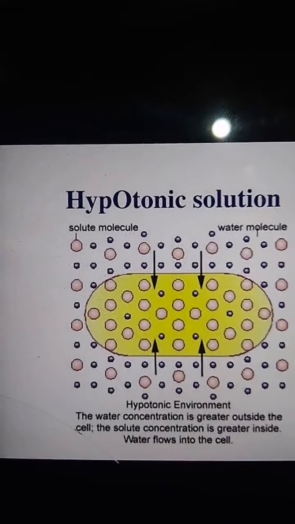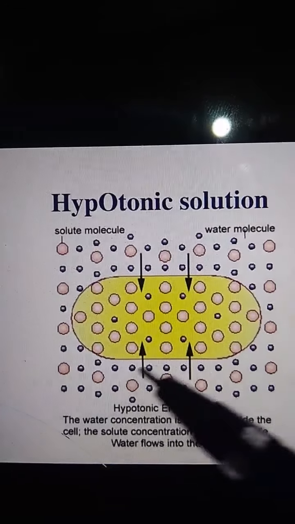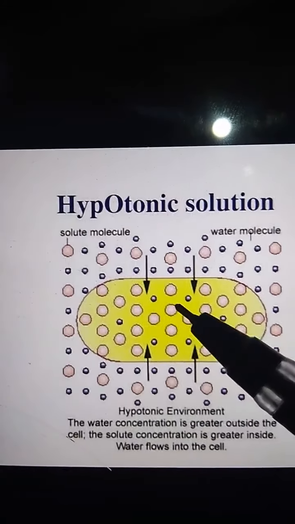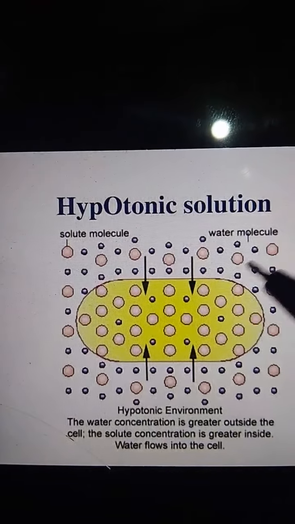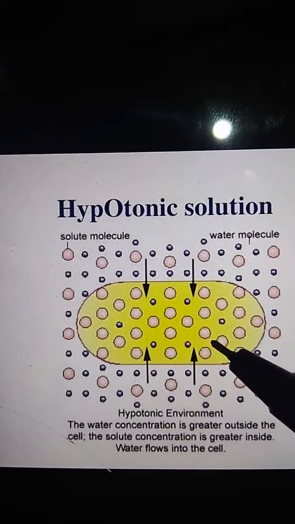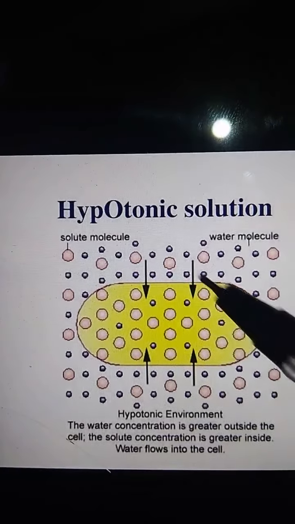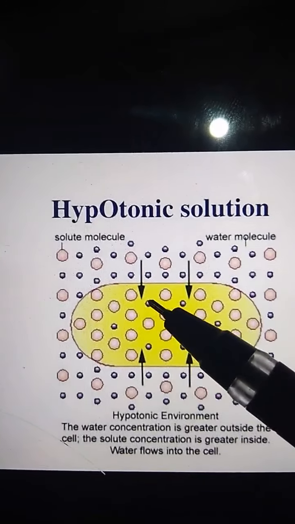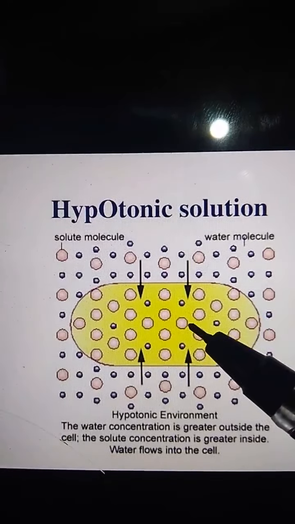Now we can see that the yellow part is the cell, and inside the yellow part is the internal part of the cell, and here is the external part of the cell. Inside the cell there are a large number of solute molecules and the water molecules are present in less quantity, right?